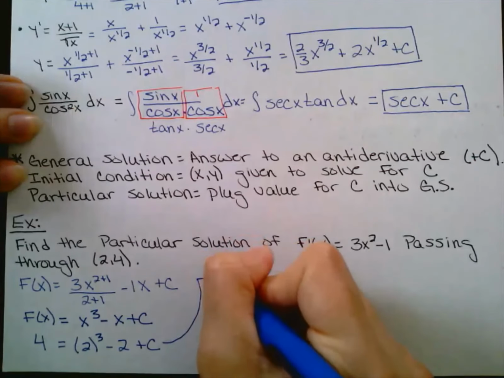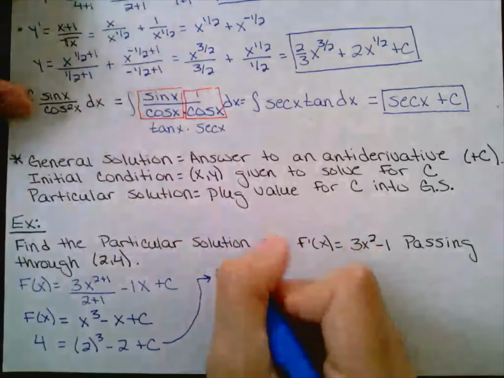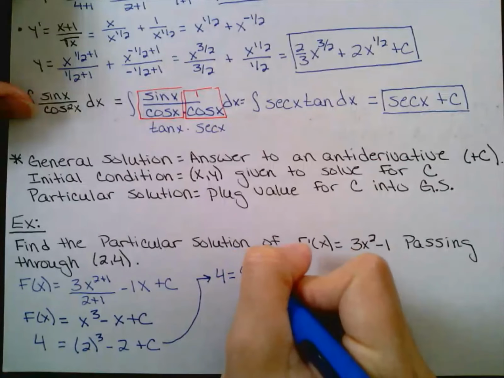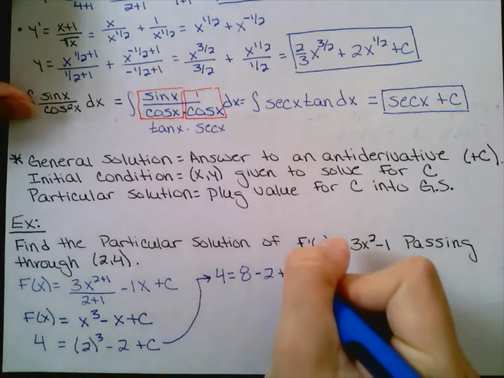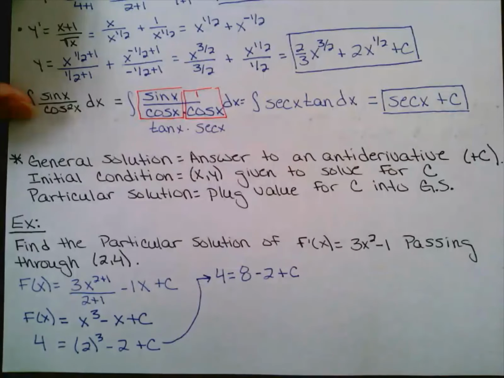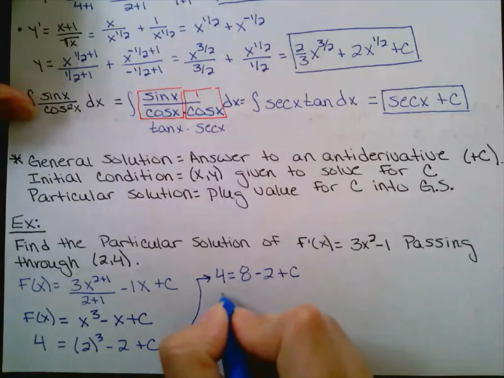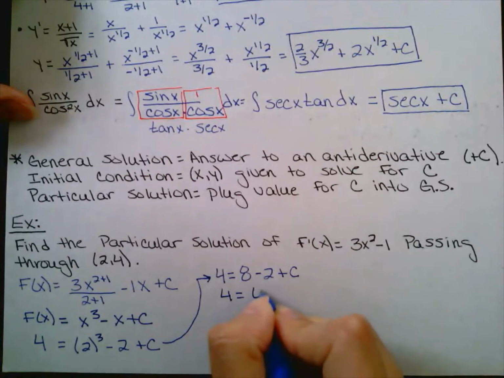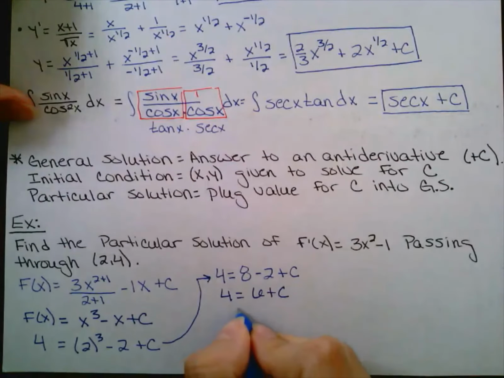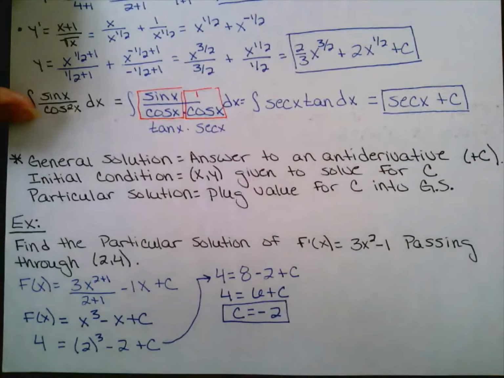So I have 4 equals 2 cubed, which is 8, minus 2 plus c. Okay, so now here we get 4 equals 6 plus c. All right, I subtract that 6 over, and I get that my c is -2.